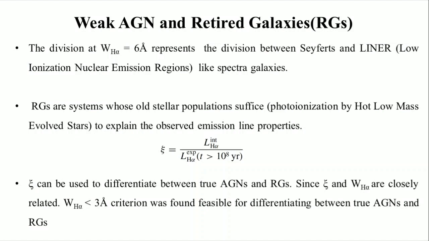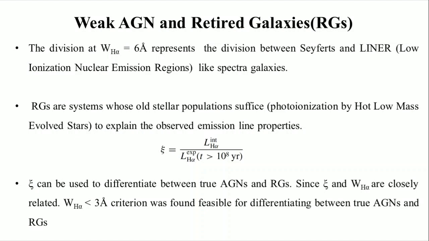From the definition of Z, if the luminosity is from sources older than 10 to the 8 years, then the denominator will be high. If it is not, then the numerator will be high. That way we can make a distinction based on Z.